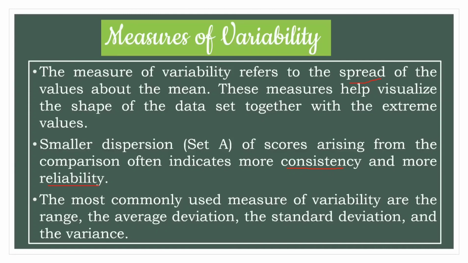The most commonly used measures of variability are the range, the average deviation, the standard deviation, and the variance. So those are four of the topics that we are going to discuss today as we solve examples.